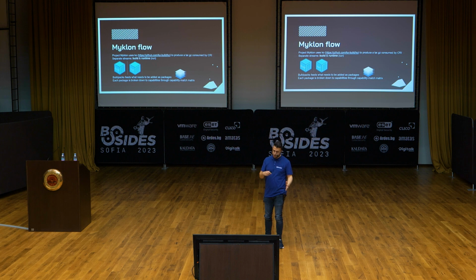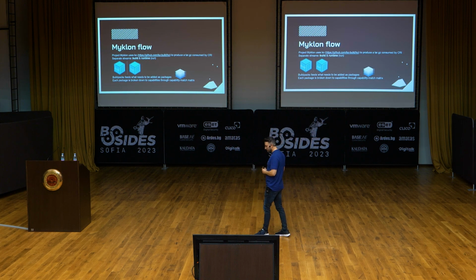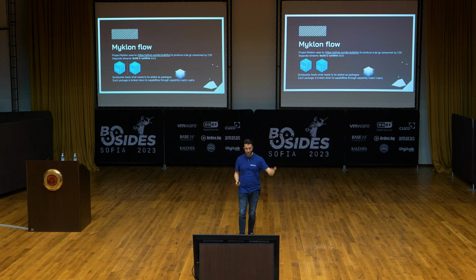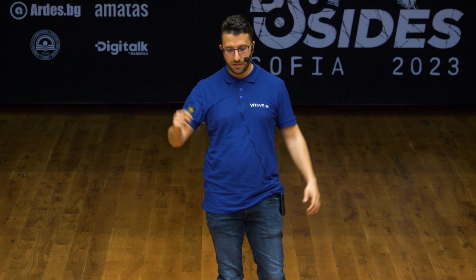So each package is broken down into capabilities, and that's again a feature which is not something that we have invented, but we have improved upon. If you look at Nginx, if you do yum install nginx or apt-get install nginx, there are different capabilities inside that image.